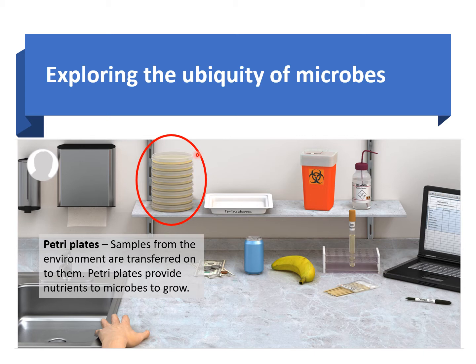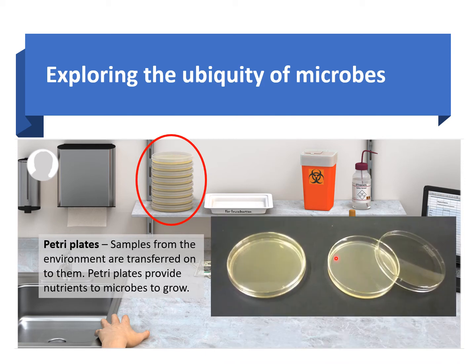That medium, or plural, the media, is going to act as a surface that has a bunch of nutrients that allow the bacteria to grow on it. So those Petri plates are used to provide nutrients for your microbes, so that your microbes can grow on them.